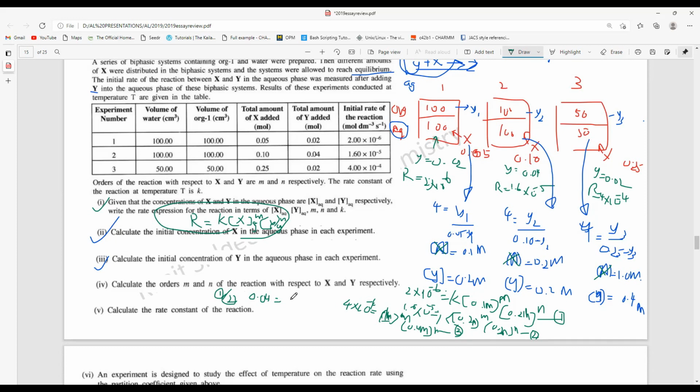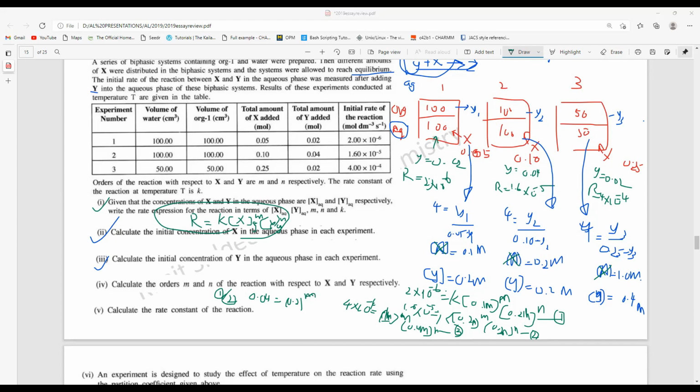equals, what is it? 1 over 2, yes. So basically it would give 0.04 times 0.2 to the power m, right? So basically 0.2 times 0.2 means 0.04, right?